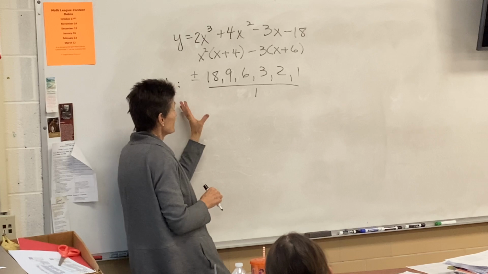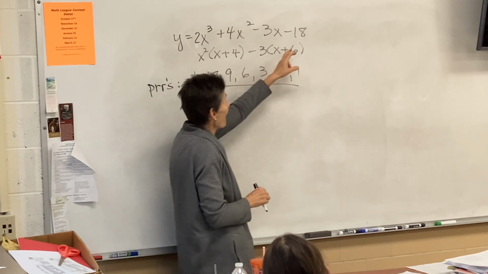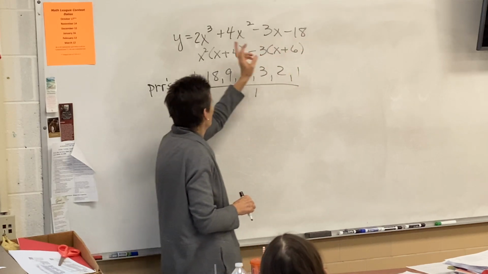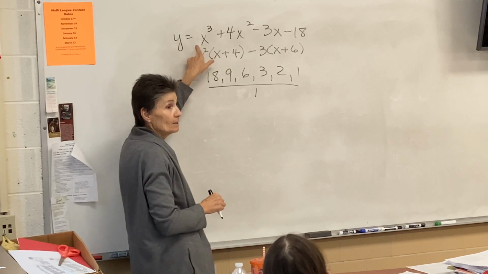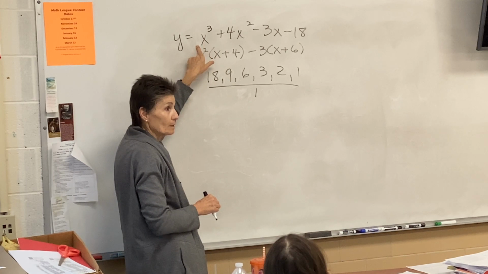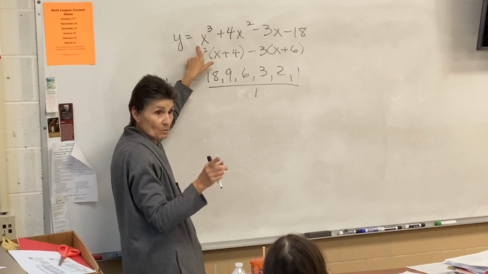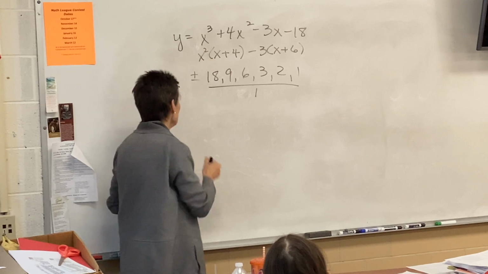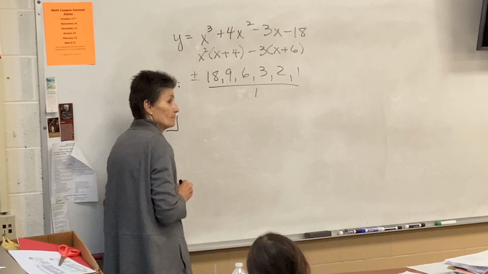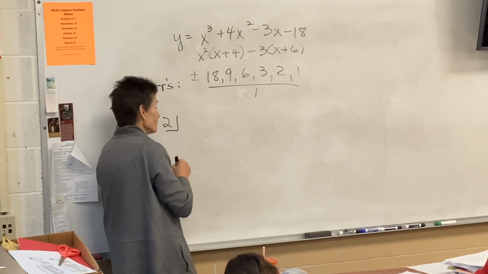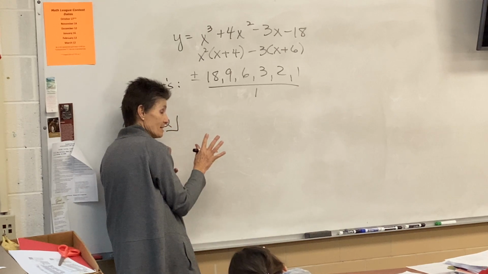Okay, so these are our guesses. Factors of 18 over factors of 1. Okay? So now we guess. Try 2. So out here in the box, I put whatever my guess is.